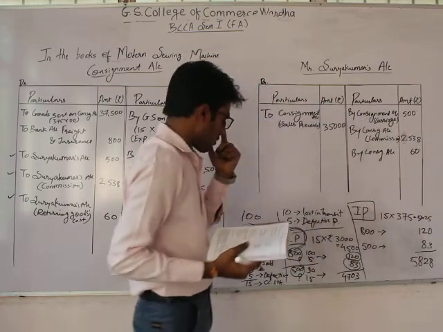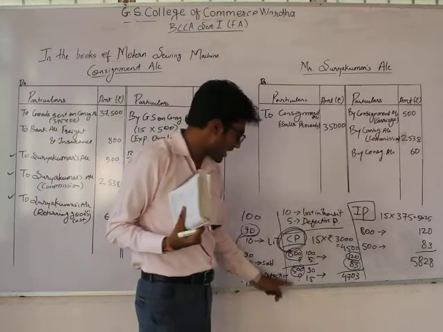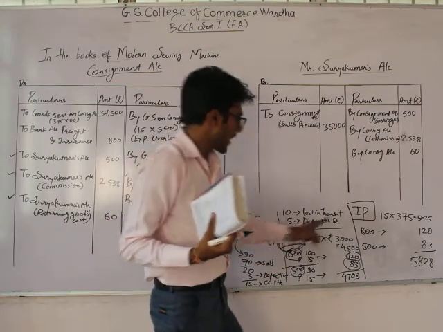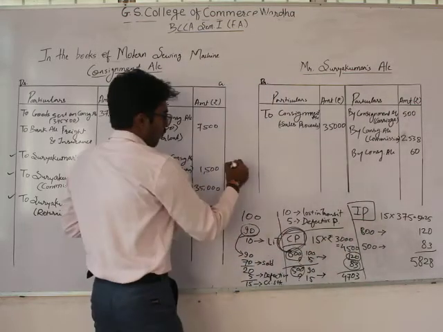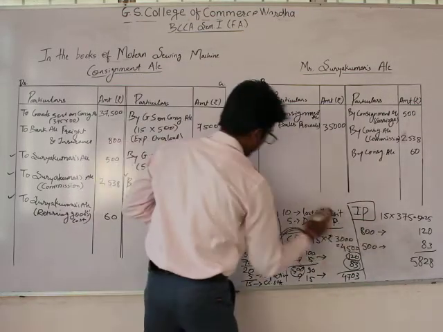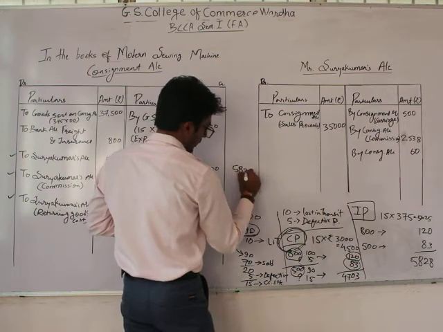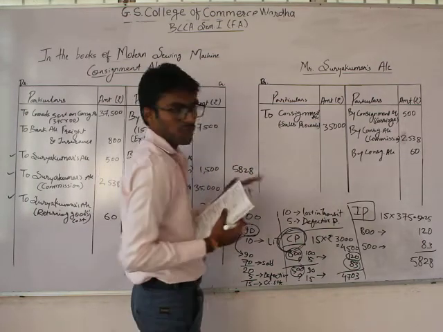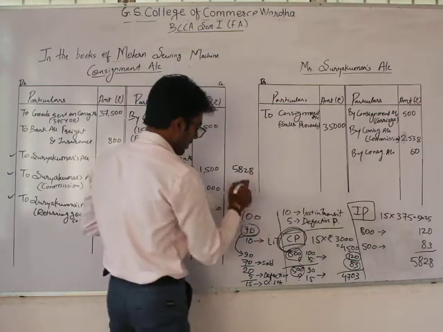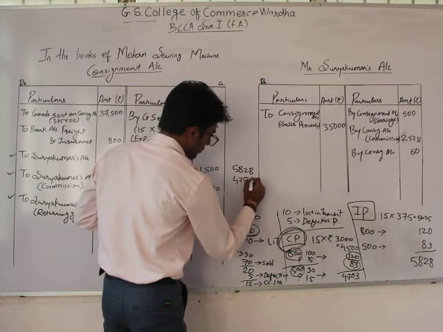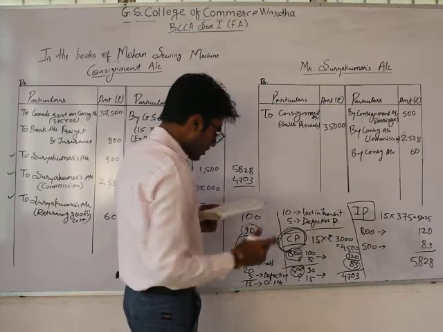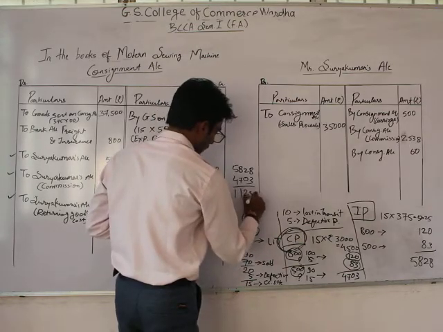So this is your cost of 15 goods as per cost price, and this is as per invoice price. This 5828 is for invoice price. For cost price, that one is 4703. So balance will be 1125.